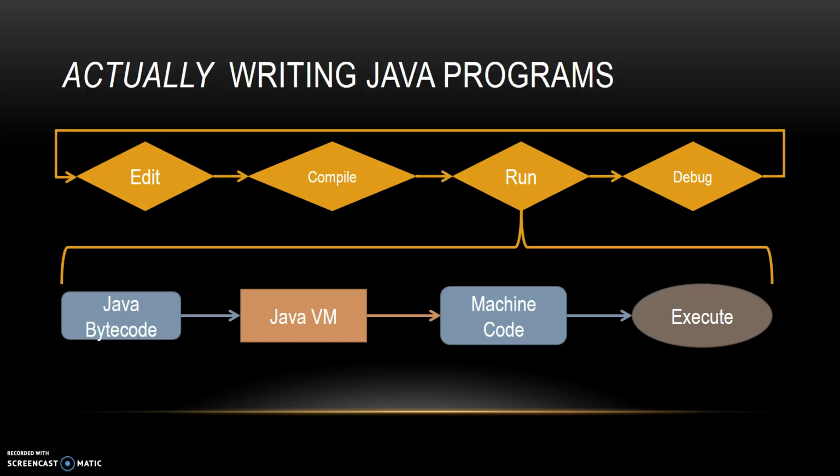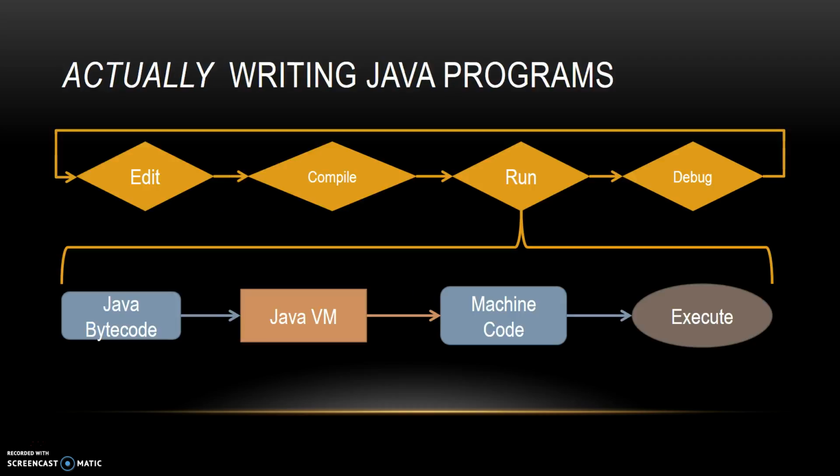You have Apple Macs, which sometimes have a different kind of processor in them. And you have phones, which have different processors. So the Java VM knows all the processors and can take a common bytecode and convert it into a different machine code depending on where it's running. And then it will execute on the microprocessor.